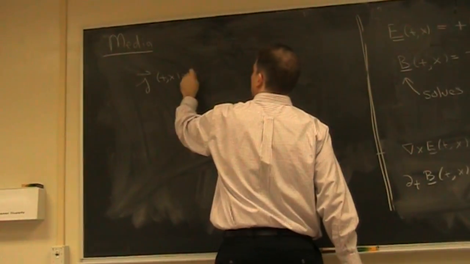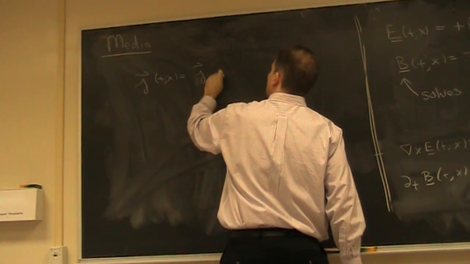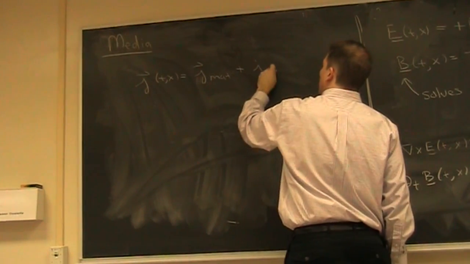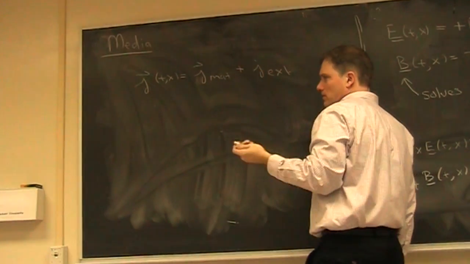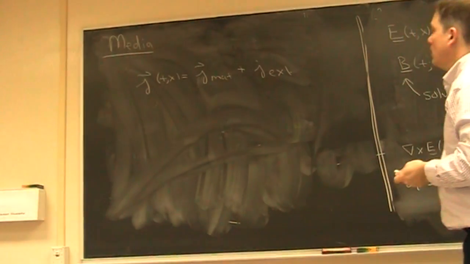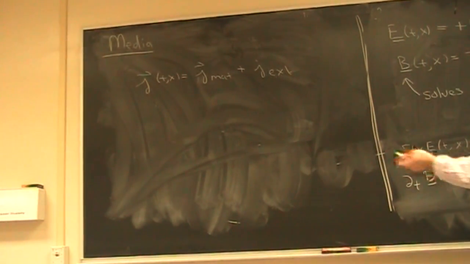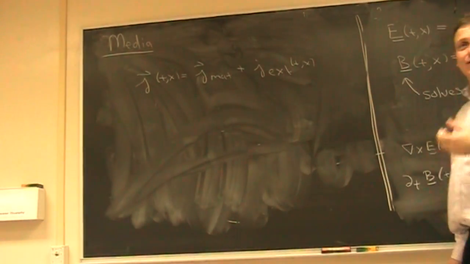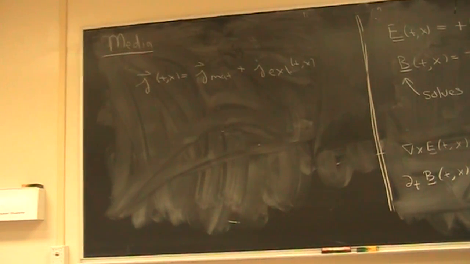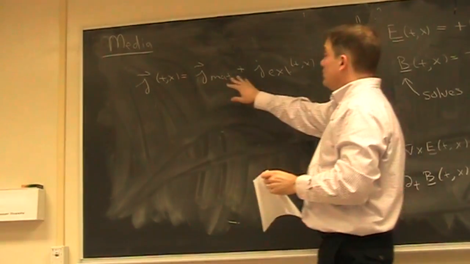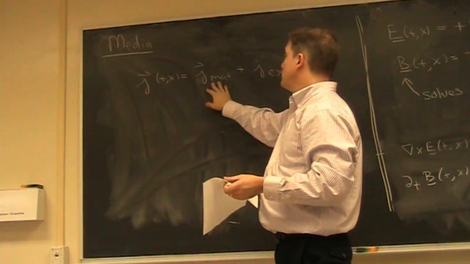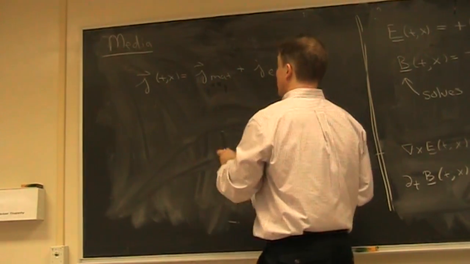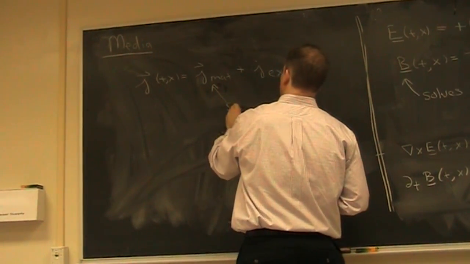Usually we break it up into one which is a function of the external fields, and one which we specify. So some medium currents and some external currents. The external currents I tell you, or they are given to you at the start of the problem. They're known functions of t and x. The other one is specified by specifying some relationship between the applied fields and the induced currents. So now you need to tell me what that relation is.